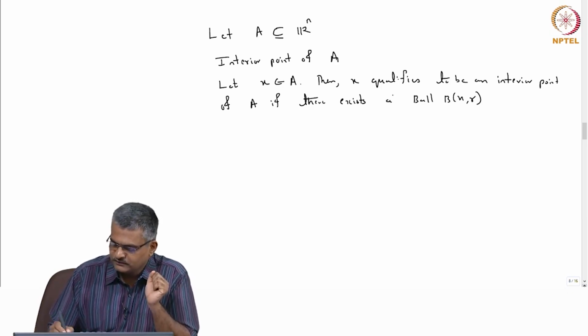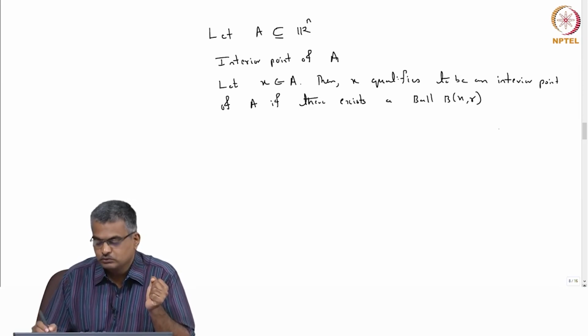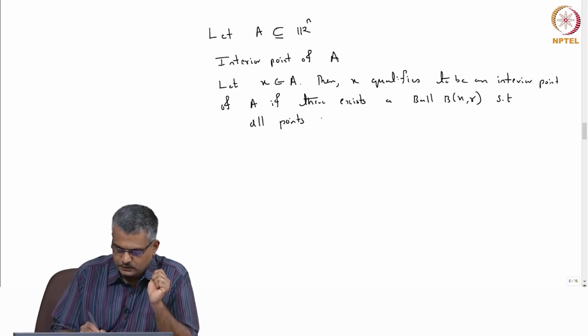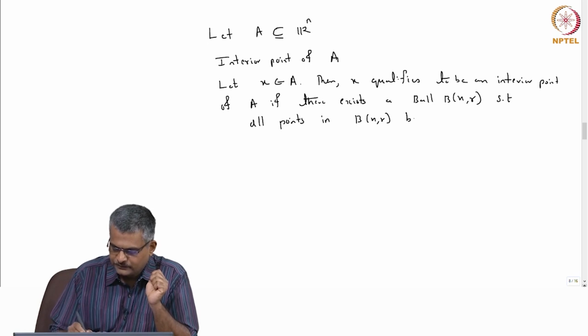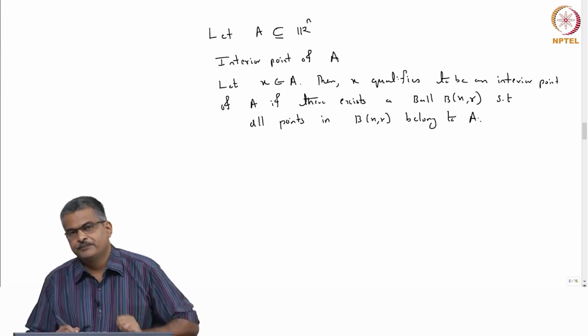That means, if there exists a radius r positive, with that you build up this ball Bxr, such that all points in Bxr belong to the set A.